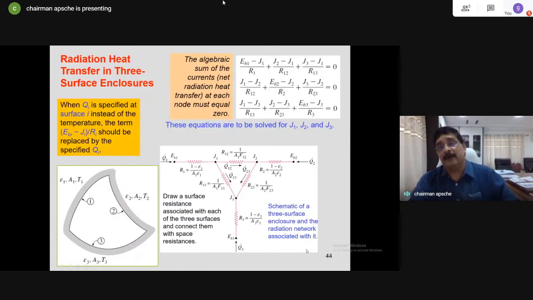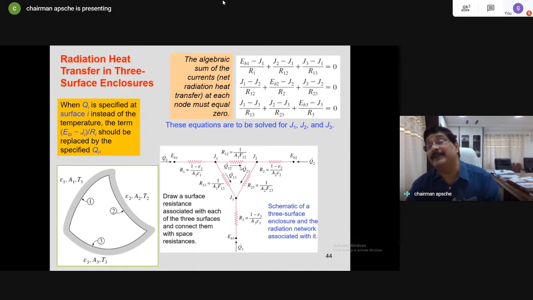So now using radiation network, you can solve complicated systems of heat exchange between 3 surfaces, 4 surfaces, any kind of surfaces can be done. EB1, EB2, EB3, J1, J2, J3. Real surfaces, what leaves the surfaces, J1, J2, J3. Black bodies, what leaves the surfaces, EB1, EB2, EB3. Why we had to bring into picture here?